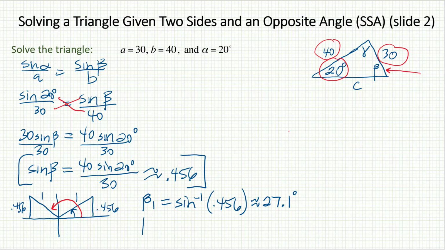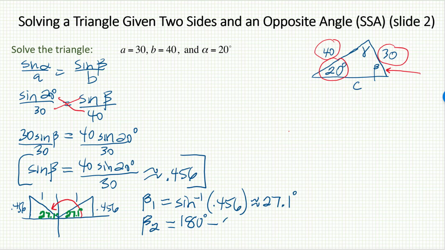What about beta 2, the larger red angle, the angle in the second quadrant? Well, it's all about symmetry. If this little thing is about 27.1, then of course this angle is the same, 27.1. And I can see then that the red angle would simply be 180 degrees minus beta 1.